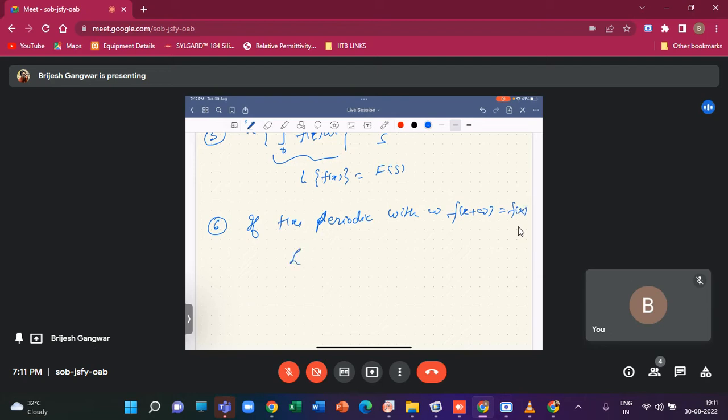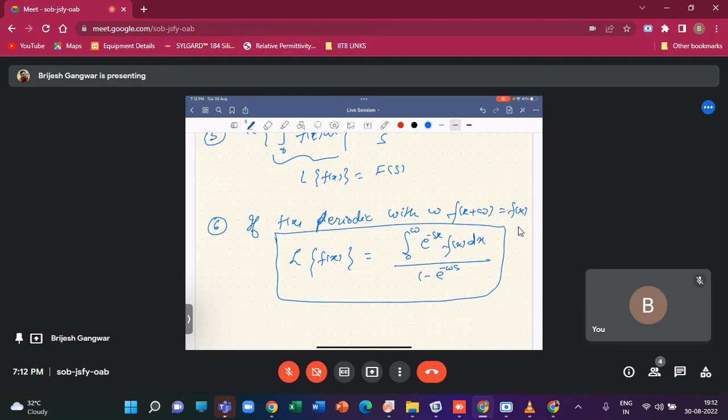Then the Laplace transform of f(x) can be defined as the integral from 0 to omega, only in one period, of e to the power minus sx f(x) dx, divided by 1 minus e to the power minus omega s. So this is the method to find the Laplace transform of a periodic function. A periodic function is like sin x, cos x.